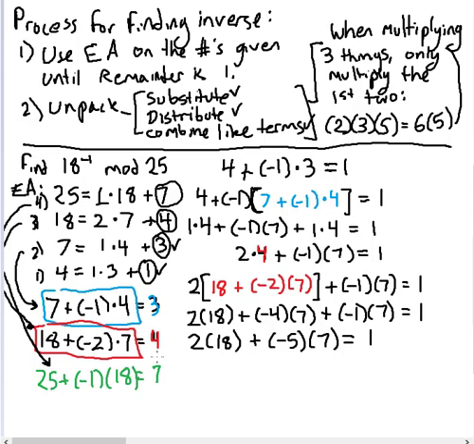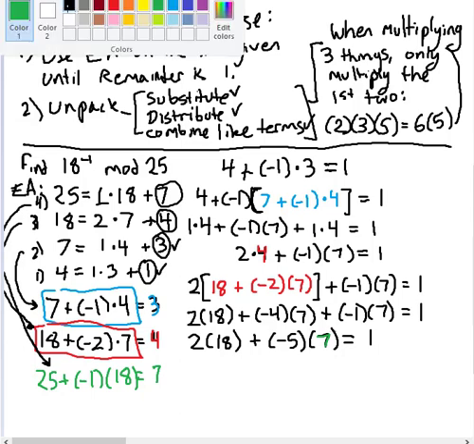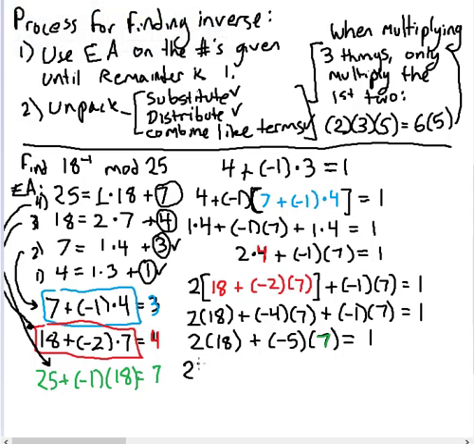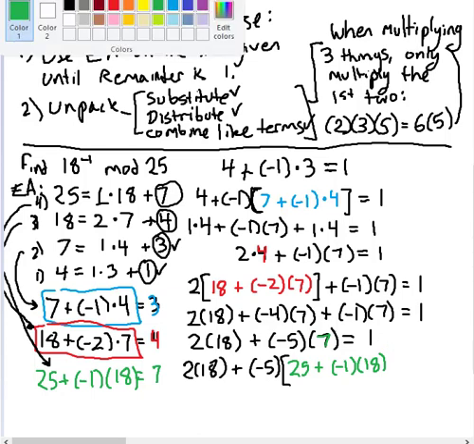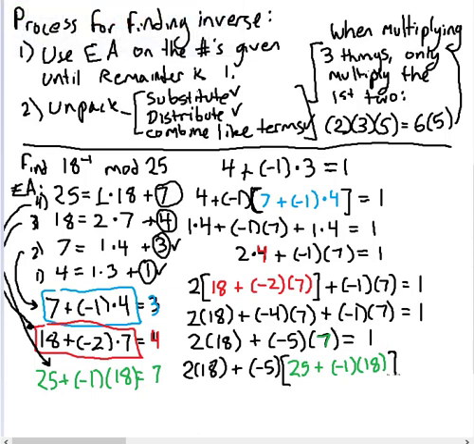Alright, well, so in place of 7, I'm going to write that whole mess. So we have 2 times 18 plus -5, bracket, all that other garbage, 25 plus -1 times 18 equals 1.